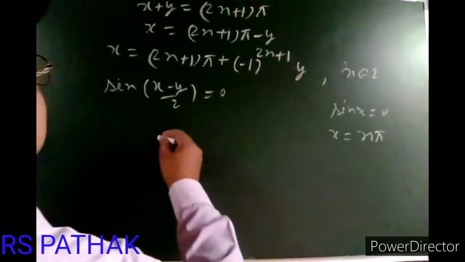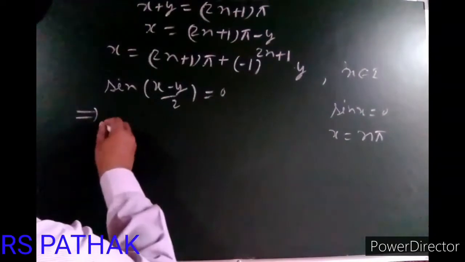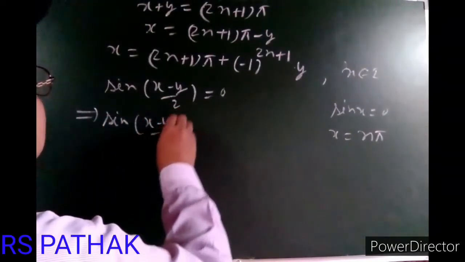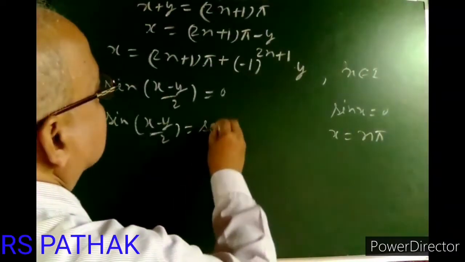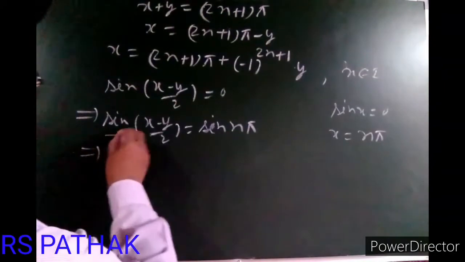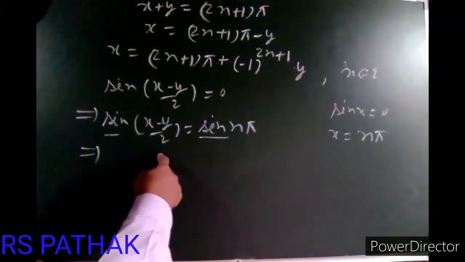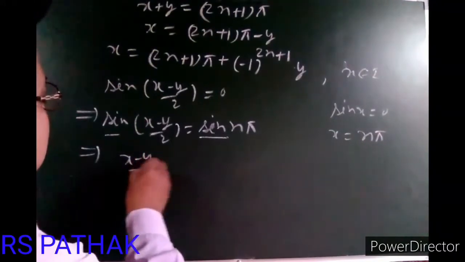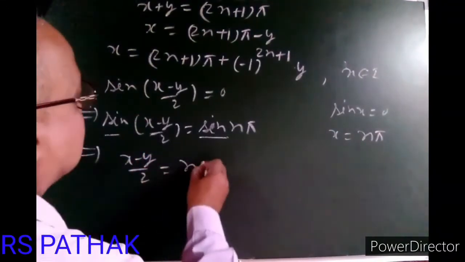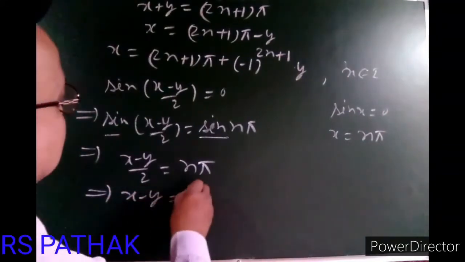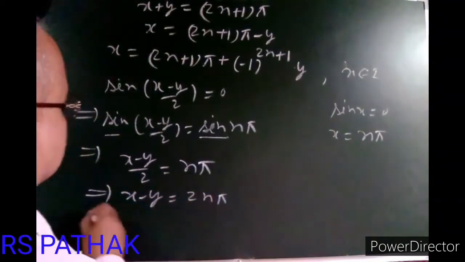Then I am applying this formula. sin (x minus y) upon 2 is equal to sin n pi. Here sin equal to sin, then angle will be equal to angle. (x minus y) upon 2 equal to n pi. x minus y is equal to 2n pi.